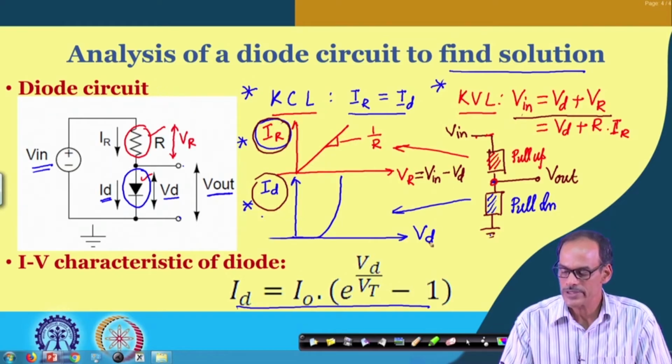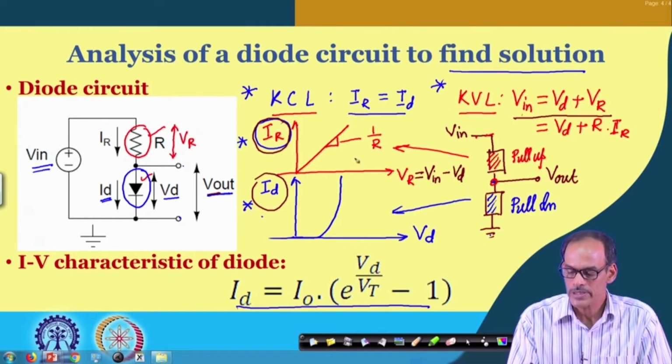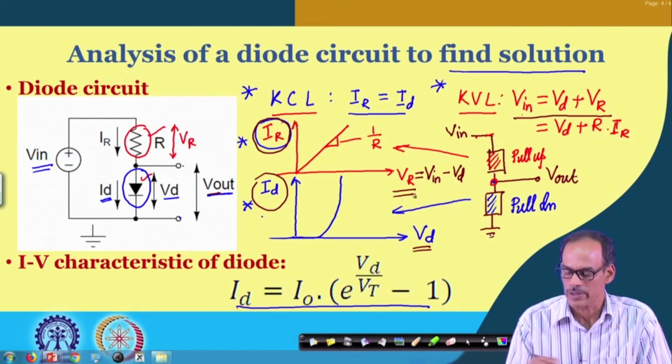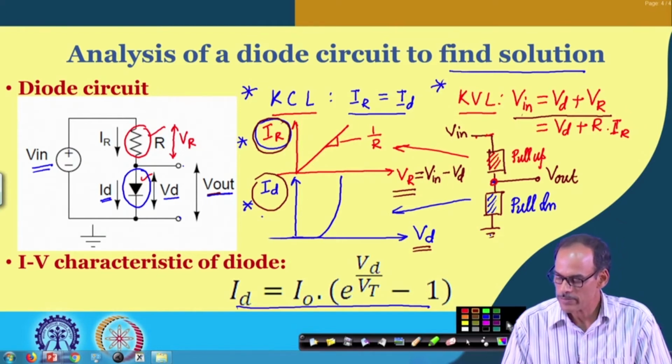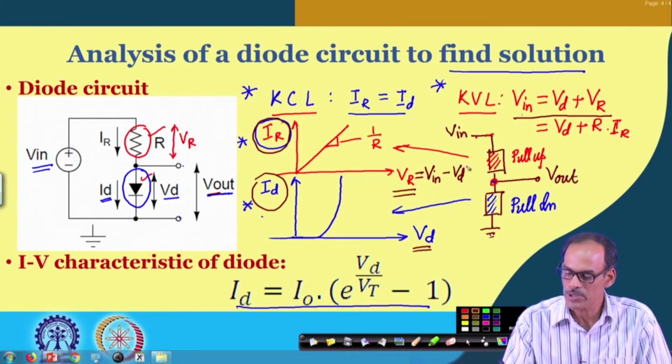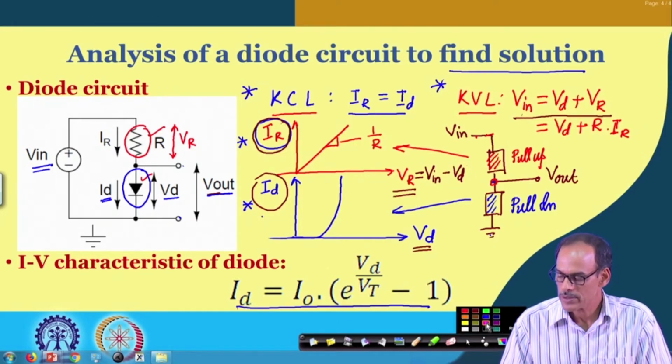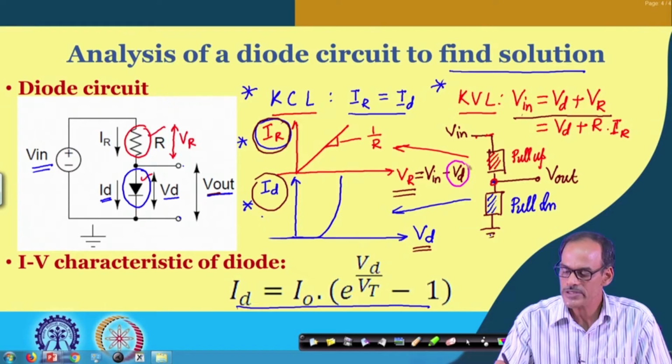Now, this V d and this V d are eventually the same as V out, but unfortunately in this characteristic curve and this characteristic curve they are different. Luckily, in this x axis equation we do have V d present, but unfortunately it has a minus sign and also V in.